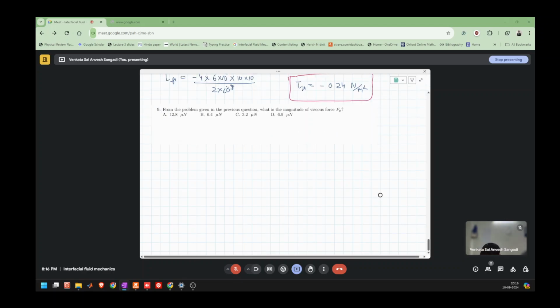From the previous question, we are now asked what is the magnitude of viscous force F mu.